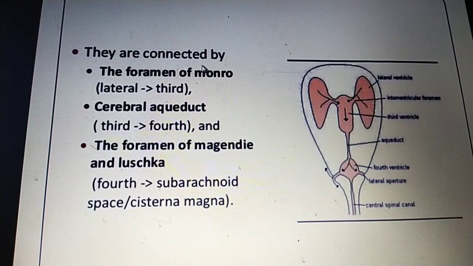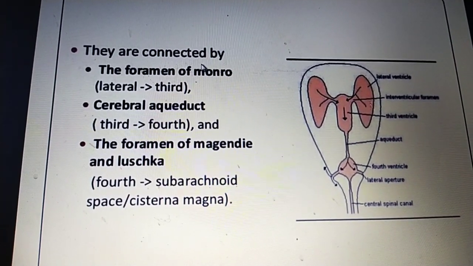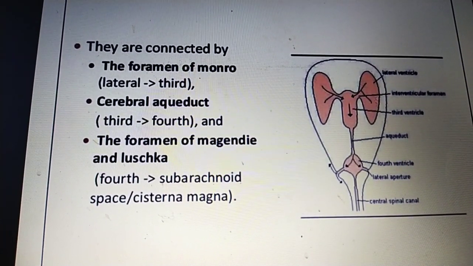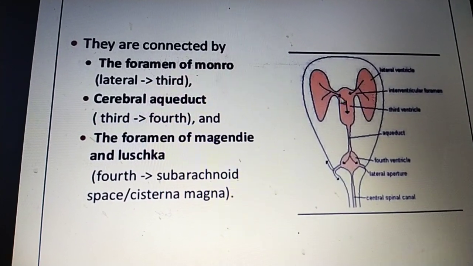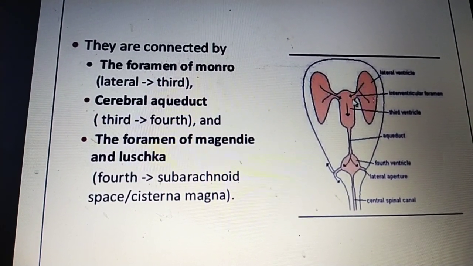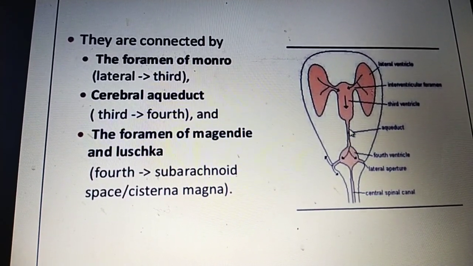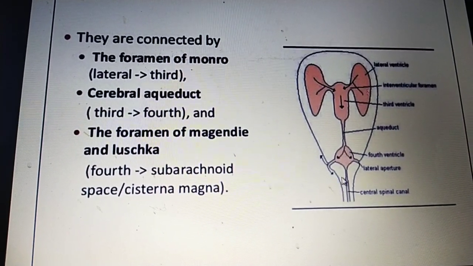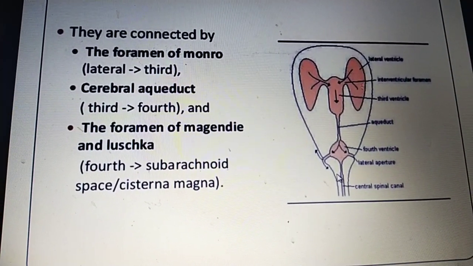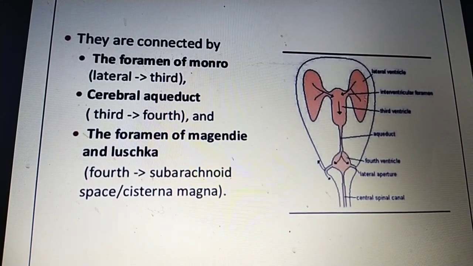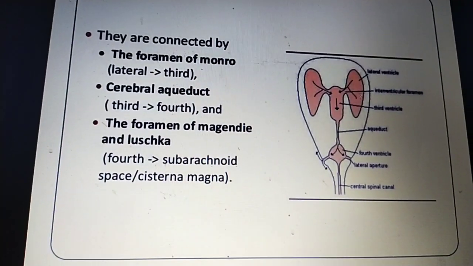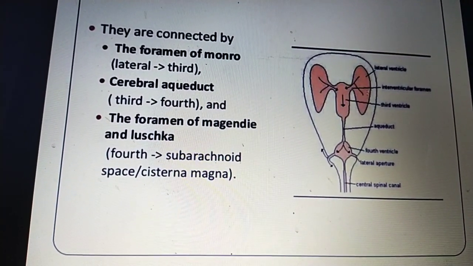There are three connections. One is the interventricular foramina, another one is the cerebral aqueduct, and third, the foramina of Magendie and Luschka, leading to the subarachnoid space and cisterna magna.